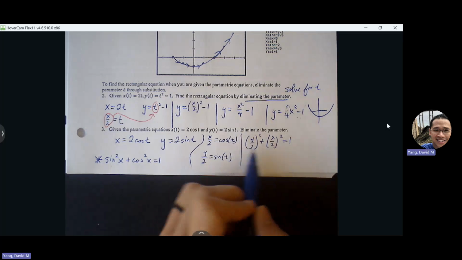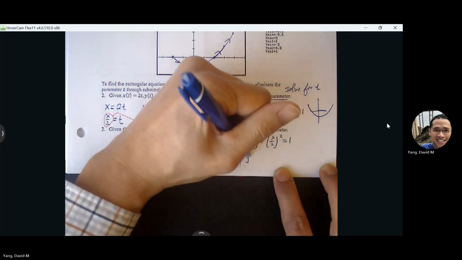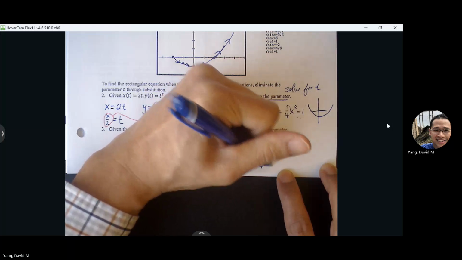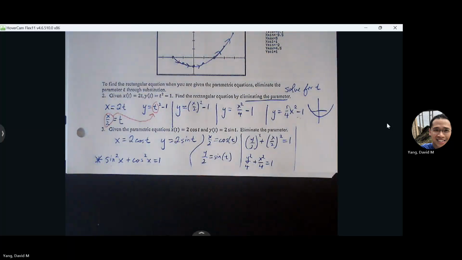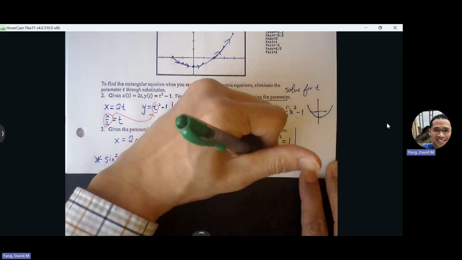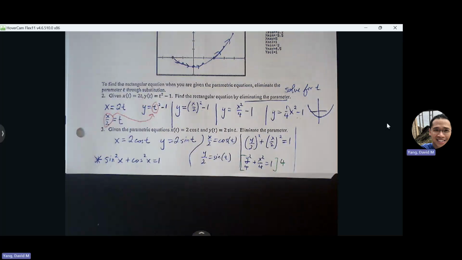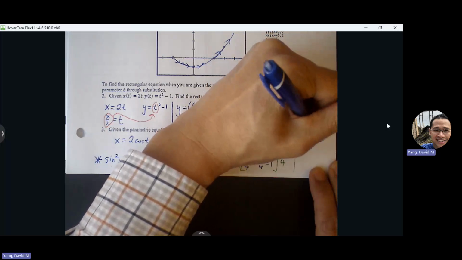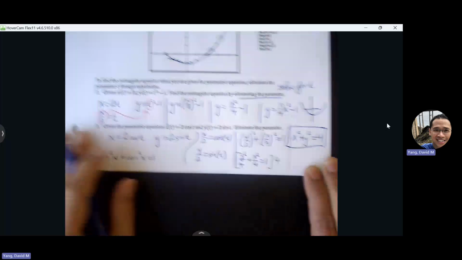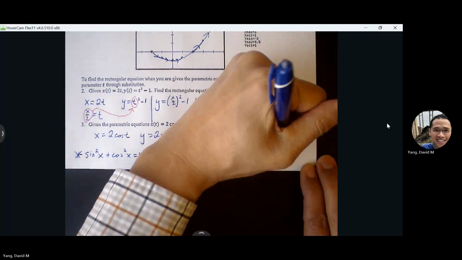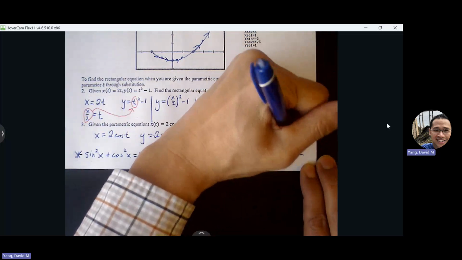And if I clean this up, I can square. If I get rid of the denominator by multiplying everything through by 4, then we get something that we should be able to recognize. X squared plus y squared equals 4. This is basically an equation of a circle with a radius of 2.